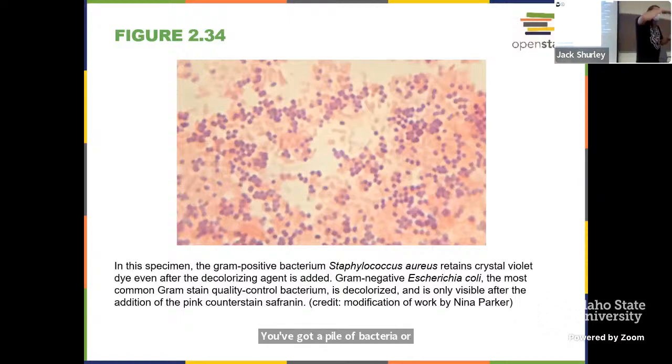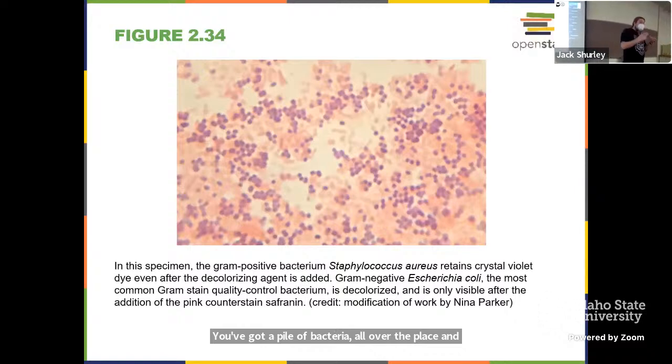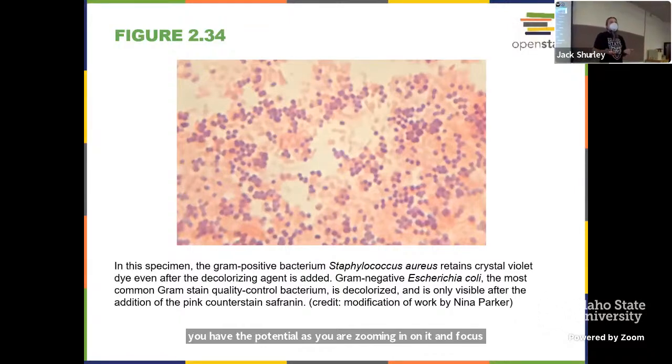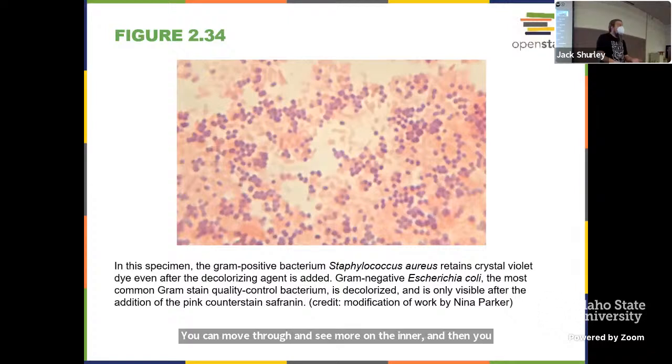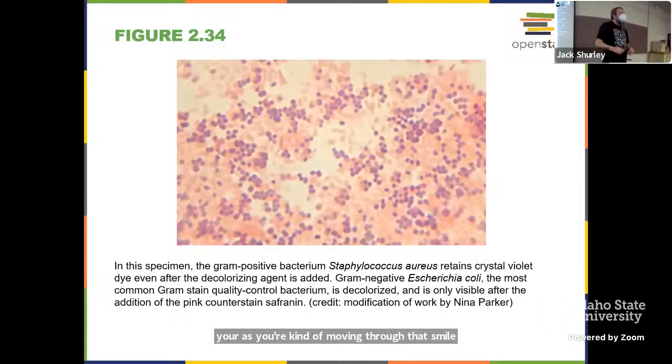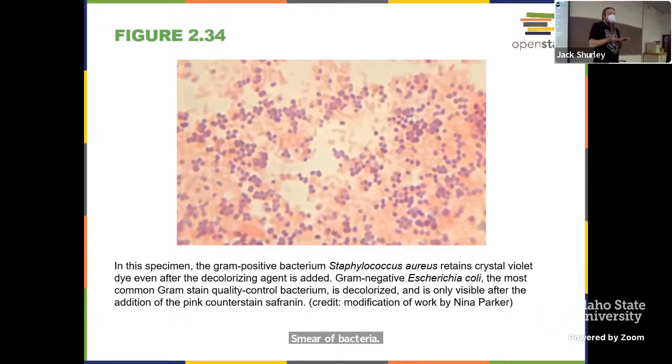And you have the potential, as you are zooming in and focusing in on the bacteria, to see the top bit, you can move through and see more on the inner, and then you can move toward the bottom. And dependent upon where you're at, as you're moving through that smear of bacteria, some stuff is in focus and some stuff goes out of focus, right?